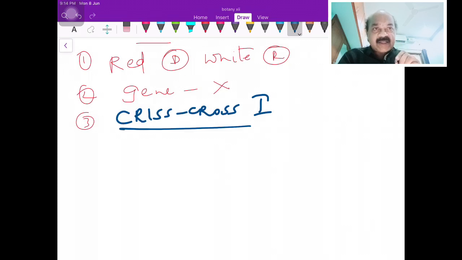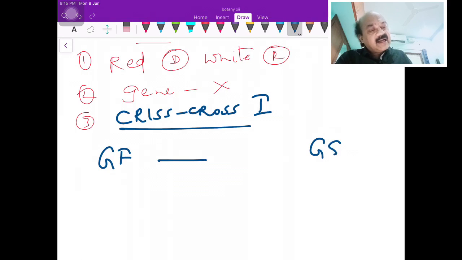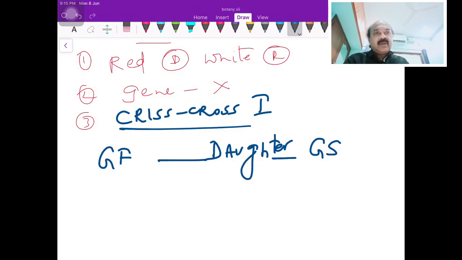What is this crisscross inheritance? In this crisscross inheritance, the gene passes from grandfather to grandson via daughter. The inheritance pattern is not from father to son, and not from mother to daughter.